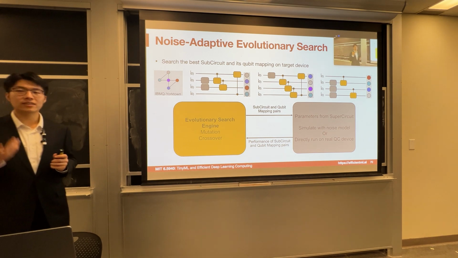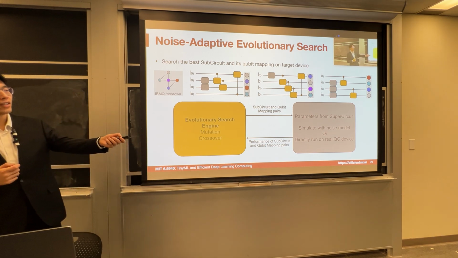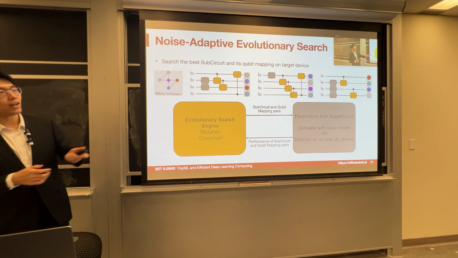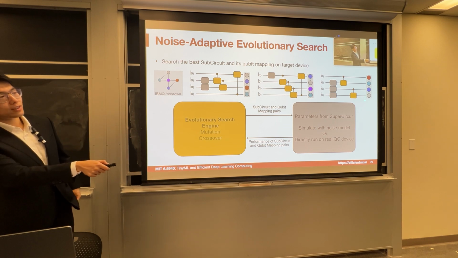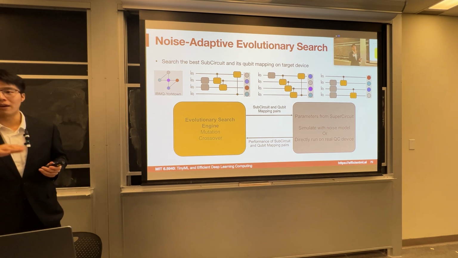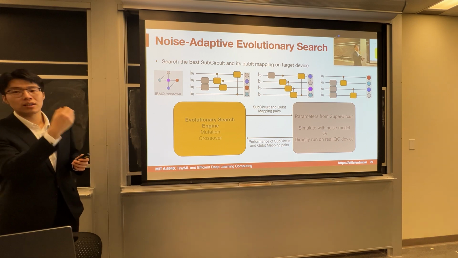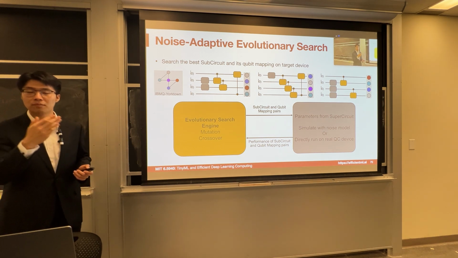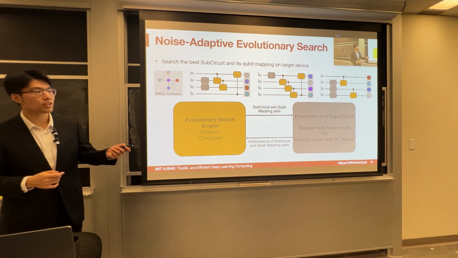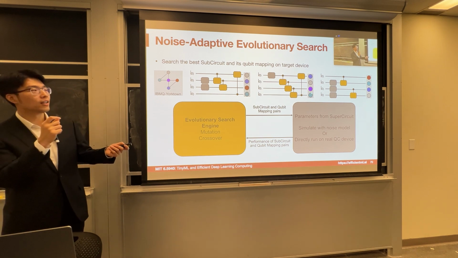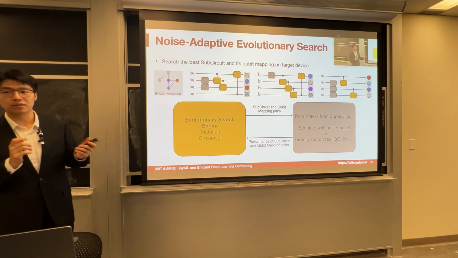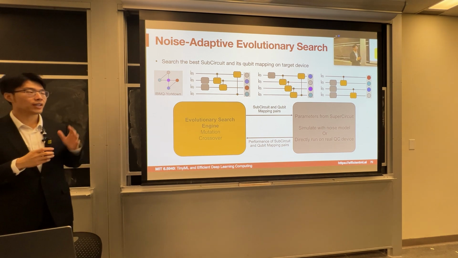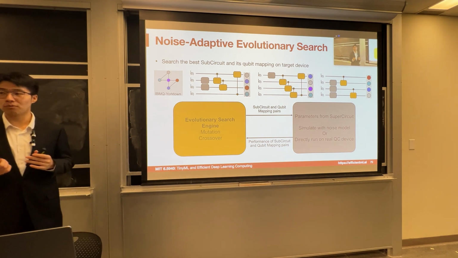And the insight for the suitability here is sometimes, say maybe these 2 qubits have a very lower error rate, and then we can put more learning capacity on those 2 qubits because you can afford more gates on those 2 qubits. And for some other bad qubits, we just have a smaller depth of circuit. So the structure will be very tailored for the target device you want to run the program.